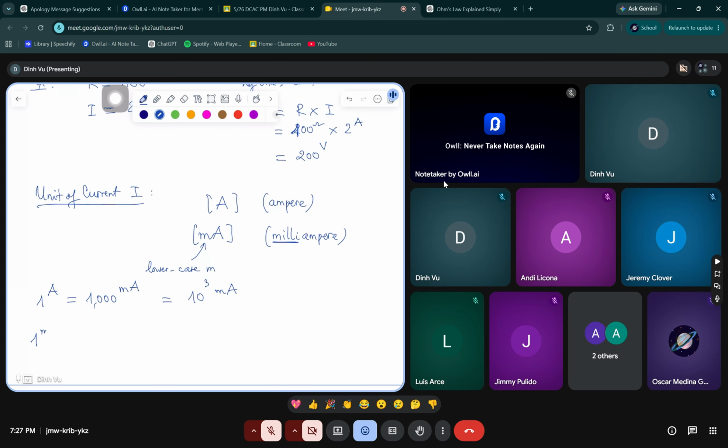Inversely, 1 milliampere is 1,000 times smaller, that means the inverse of 1,000 of ampere. One milliampere is 1 over 1,000 of ampere.